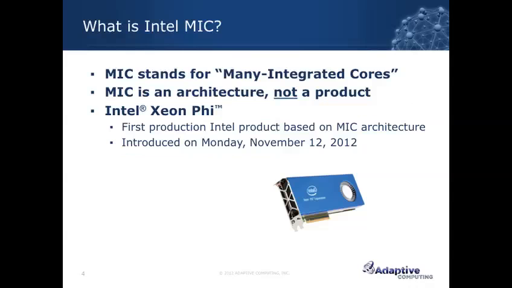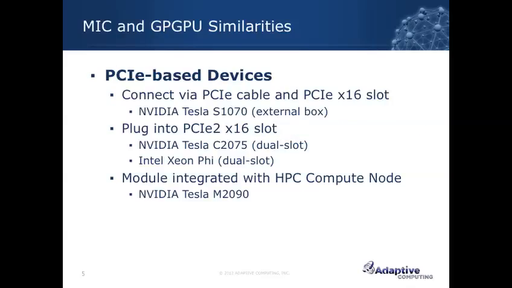First of all, MIC stands for Many Integrated Cores. It's an architecture, not a product. The first product that we are supporting using this architecture is Intel Xeon Phi. They announced it yesterday, and we have a number of boards that we got in as a partner to develop against. So let me talk about what that looks like.